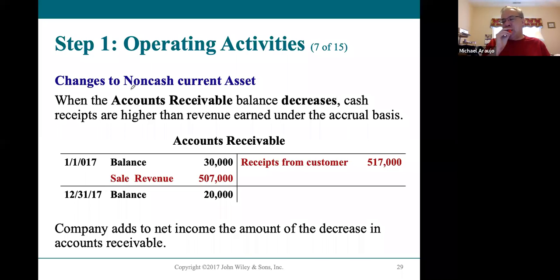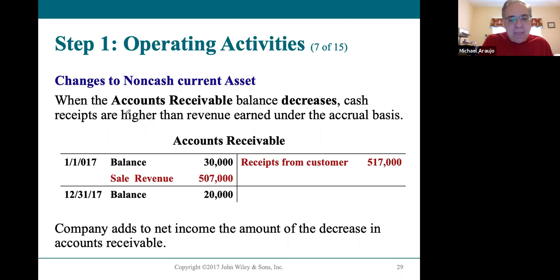Oh, that's a good one. I'll give myself that. Okay. All right. So that's why a lot of this stuff seems a little foreign, is because we're actually looking at it now from a cash basis when you've learned accrual over the last year. Ouch. But that's the cash flow statement.